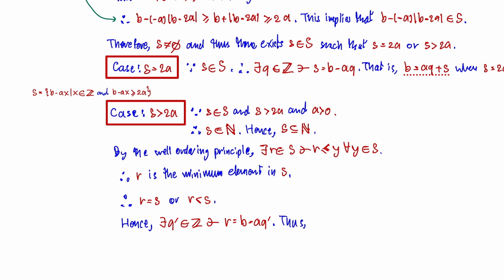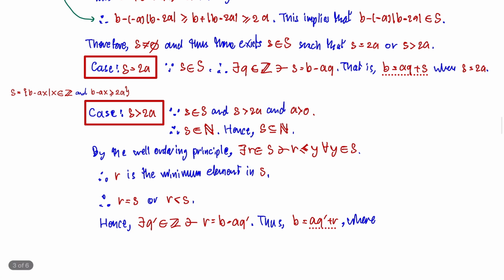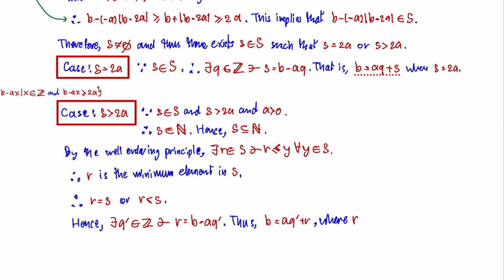Hence, B is going to be AQ prime plus R. What is R in this case? R is B minus AQ prime.